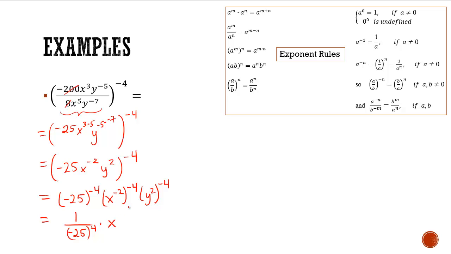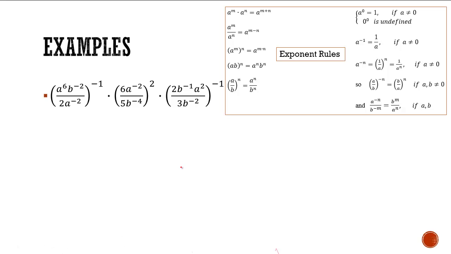Then you've got x to the power of 8 and y to the power of negative 8. So when we clean that up, 25 to the power of 4, and the negatives will cancel, will be this lovely number. And that'll stay in the denominator. We have x to the 8 in the numerator and y to the 8 in the denominator.